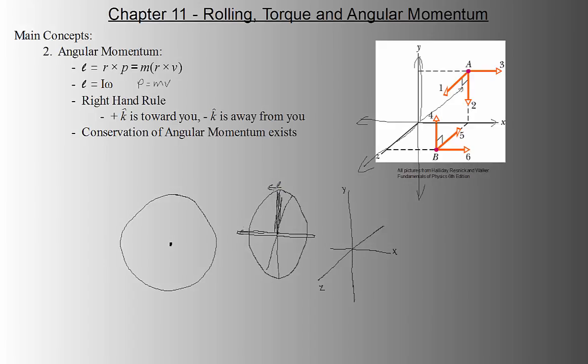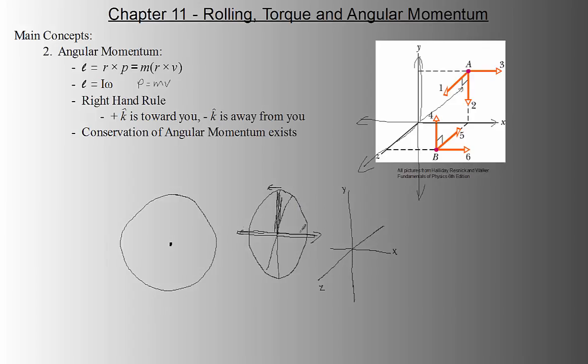So if you do the right-hand rule, you take your fingers and move them up along the radius, curl them in the direction of the velocity, and your thumb points this way. You should ask me to demonstrate this for you. It's really hard to do without having a hand on here.